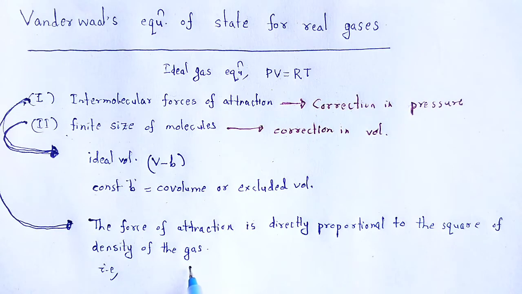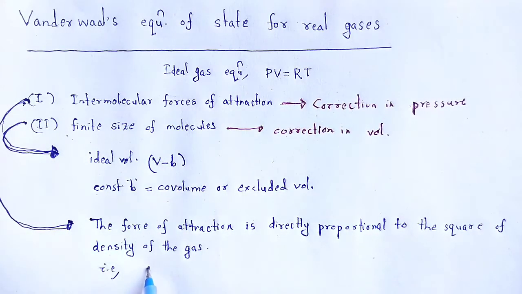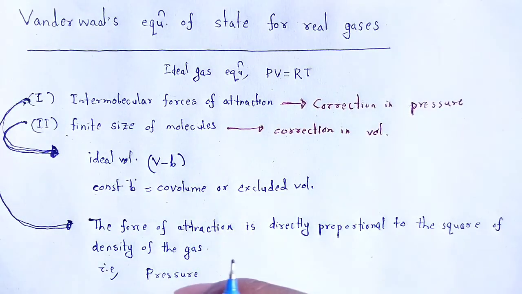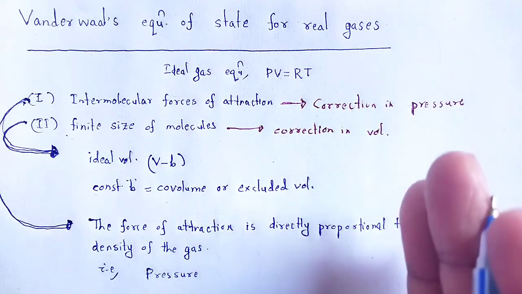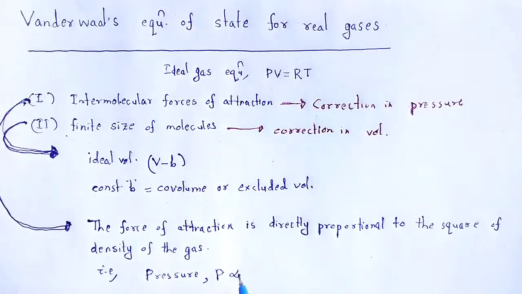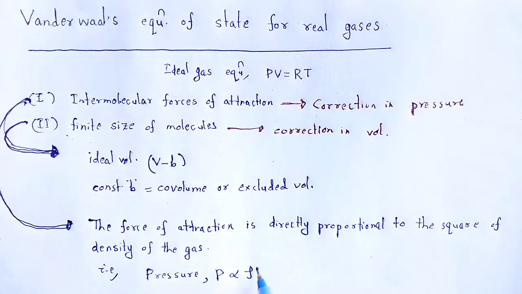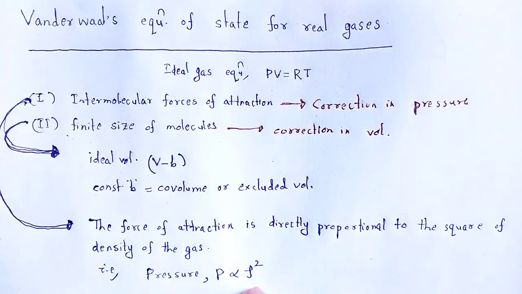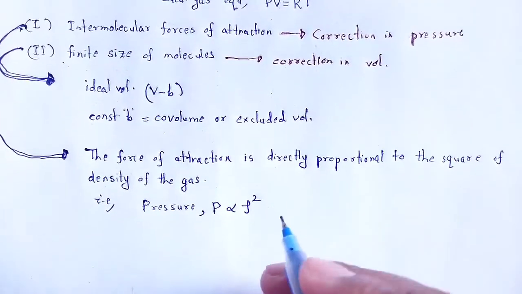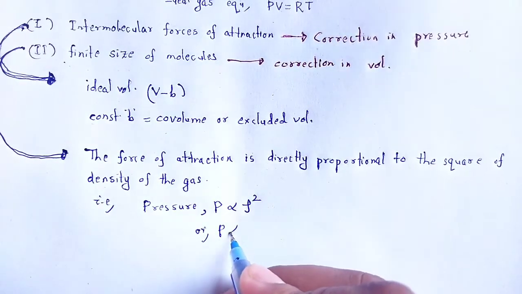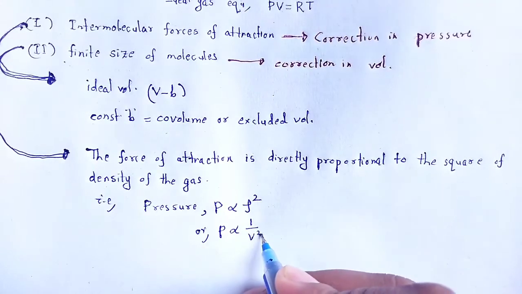The force of attraction is due to pressure, that is, pressure is force by area. As the number of molecules per unit volume in the bulk bombards the wall of the container, pressure P is directly proportional to the square of the density, let density be rho. As we know, density is inversely proportional to volume, that is why we can say P is directly proportional to 1 by V square.